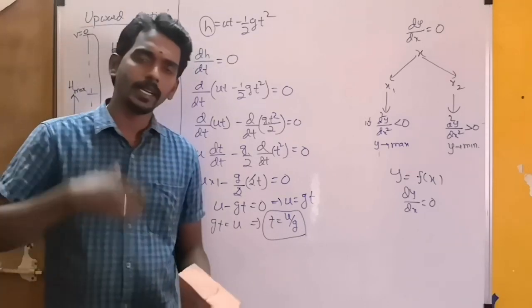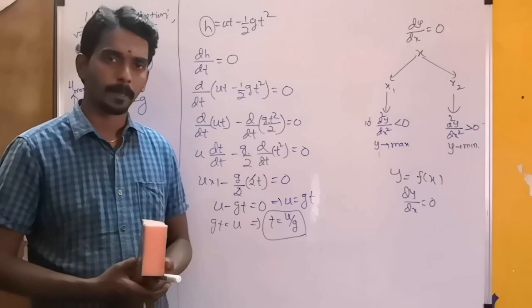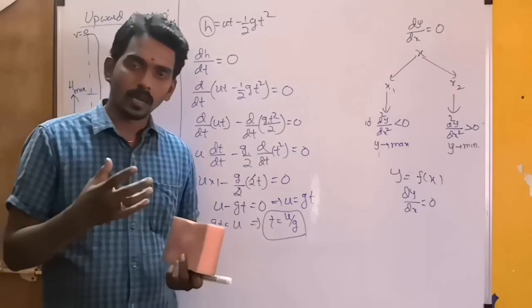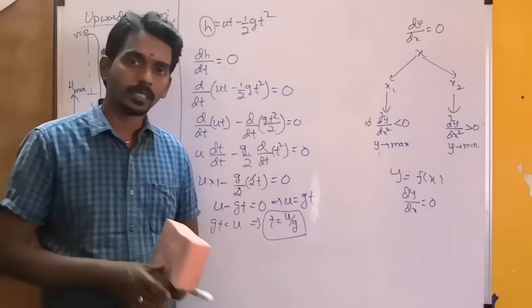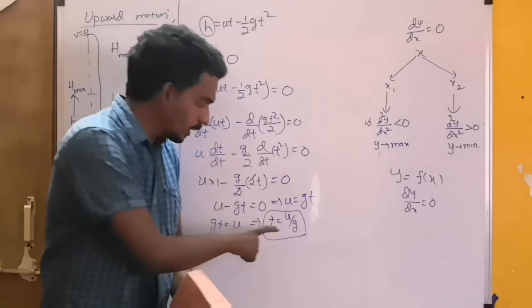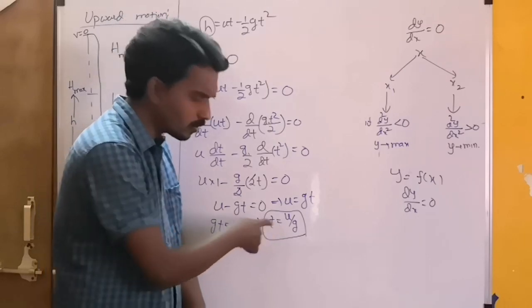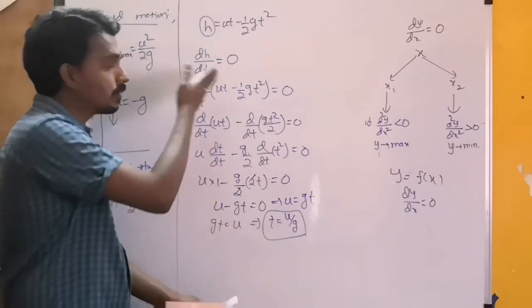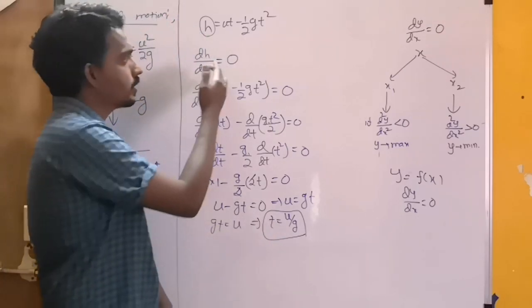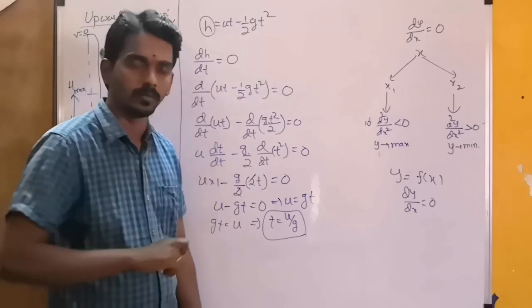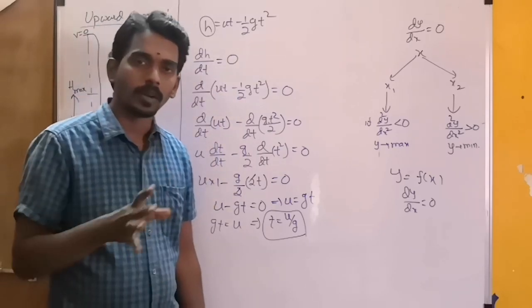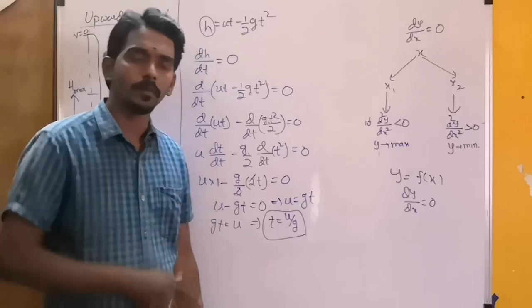As I explained in the last class, in some cases or most of the cases in physics, for the variable you will get only one value. Like here, how many values did we get for t? After equating first order differentiation to 0, only one value. That means either the function becomes maximum or minimum.